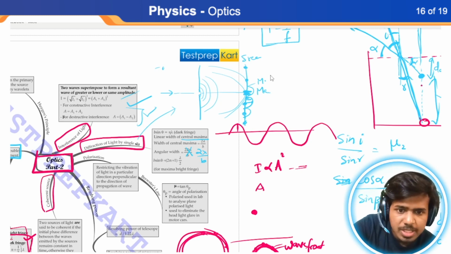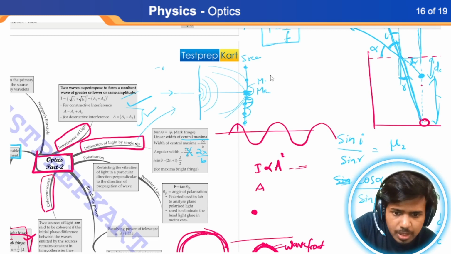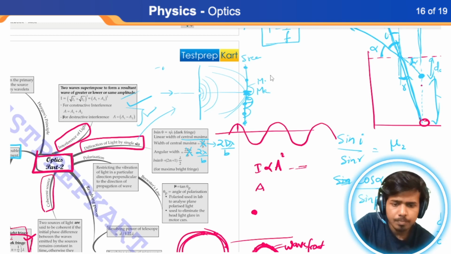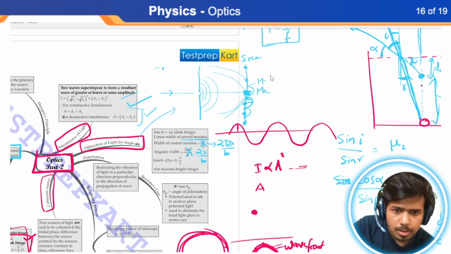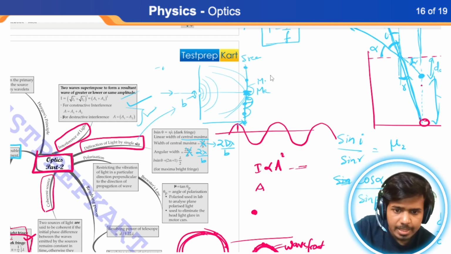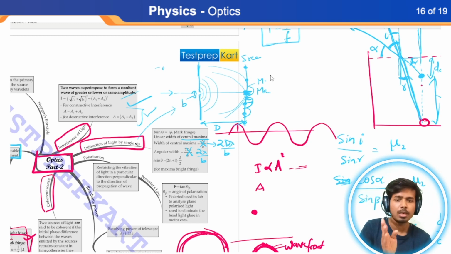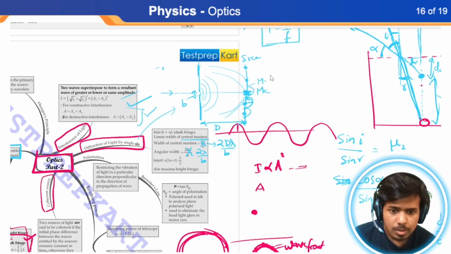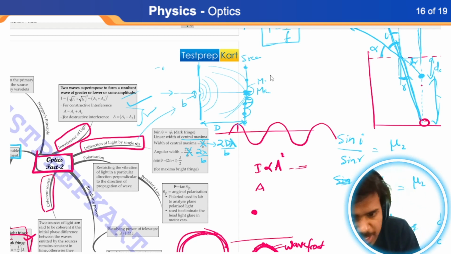When you want to find the width of the central fringe, it is going to be 2D lambda upon b, where b is the width of the gap or the slit, D is the distance between the slit apparatus and the screen, and lambda is the wavelength of the light being used.